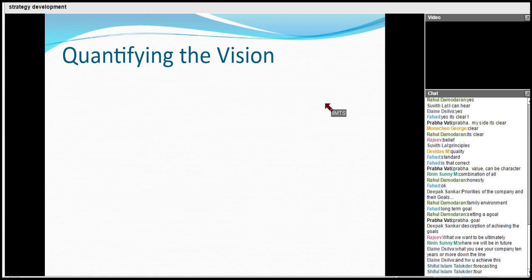Now let's go to quantifying the vision. I said I'm going to split the vision into pieces so we can see why this vision is good and why another vision is not too good.